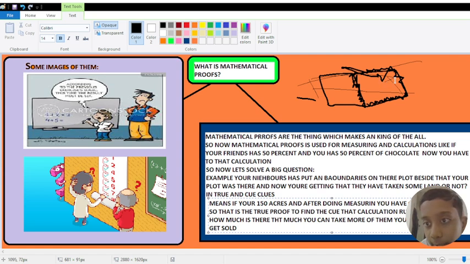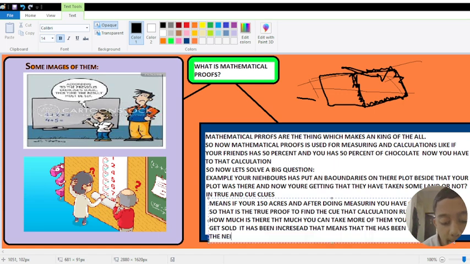If the acreage of their land is about 140 acres, and now after measuring it has increased, that means the land has been taken from the neighbors, and then we can put up our boundaries by removing their boundaries.